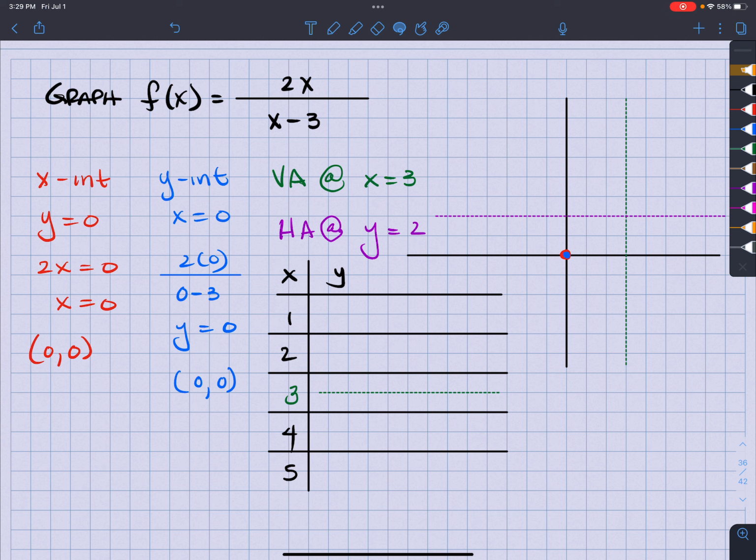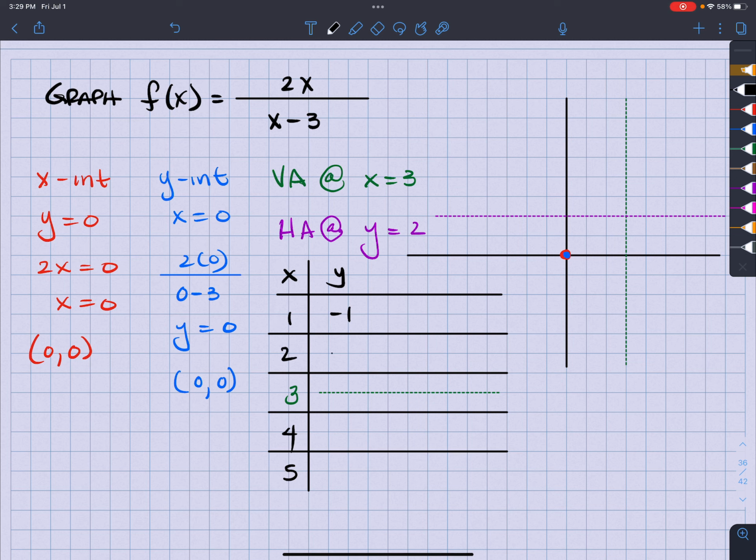If we plug 1 into the equation, it will be 2 times 1, which is 2 on top, over negative 2. So I'm going to get negative 1. When I plug 2 in there, 2 times 2 is 4, and 2 minus 3 is negative 1.